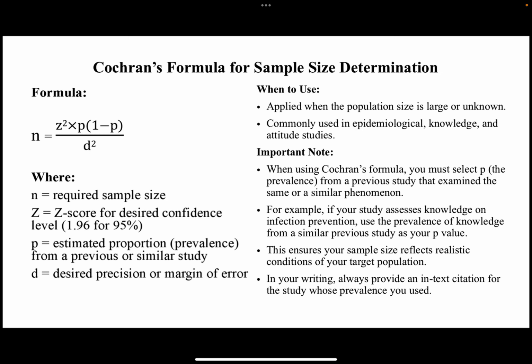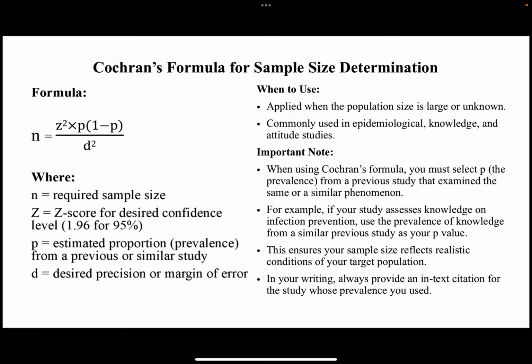Now the Cochrane formula. We use the Cochrane formula in a situation where, if you were to use Yamane's formula, the sample size will be very large. That is because if the population size, capital N, is large, the sample size will be large. In such a situation, consider the Cochrane formula.